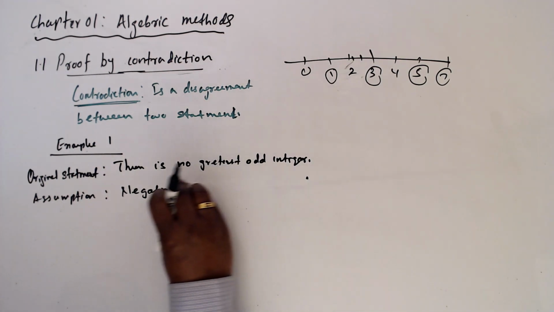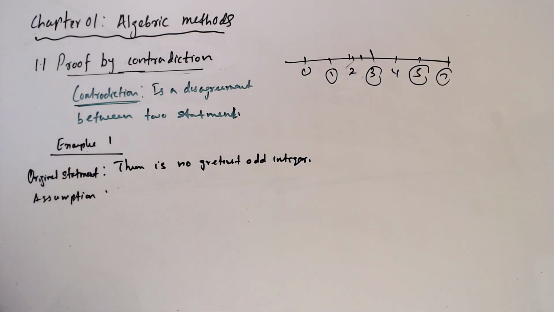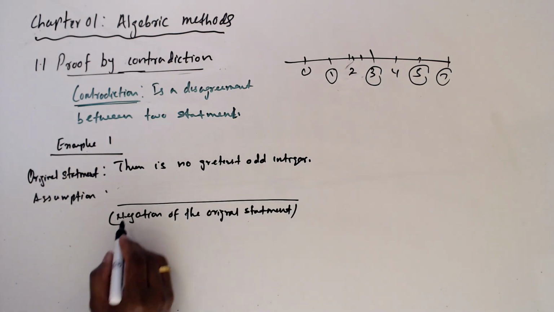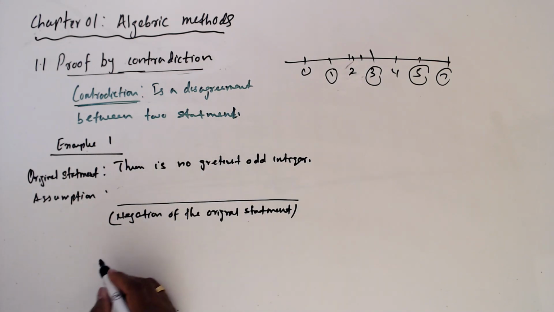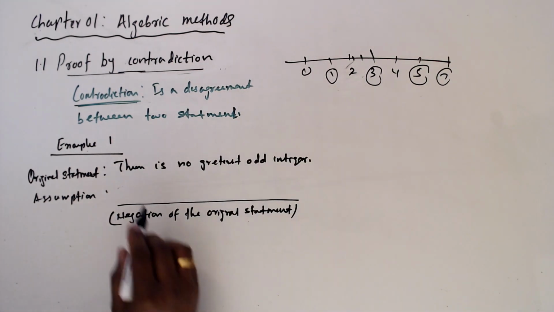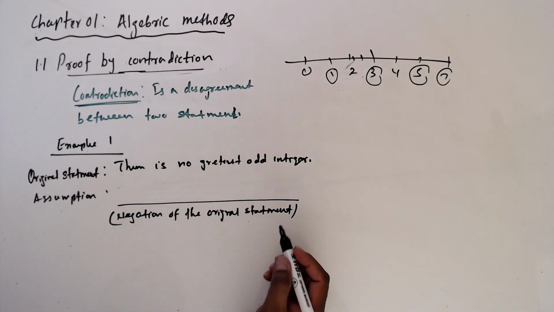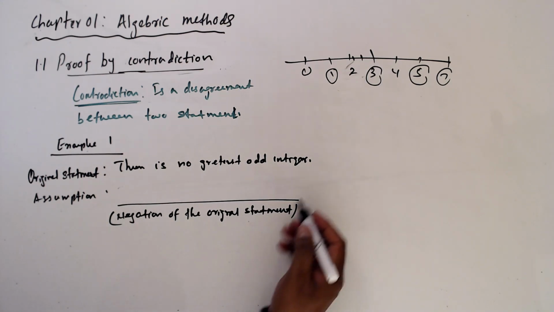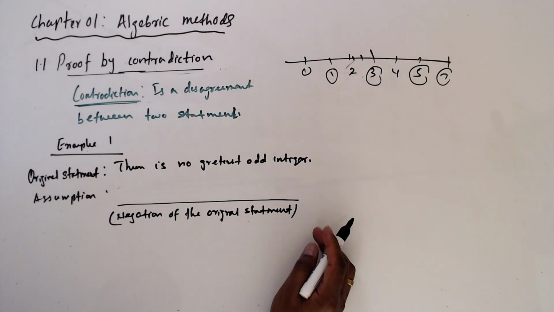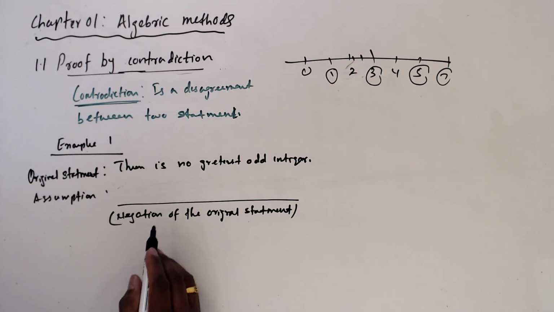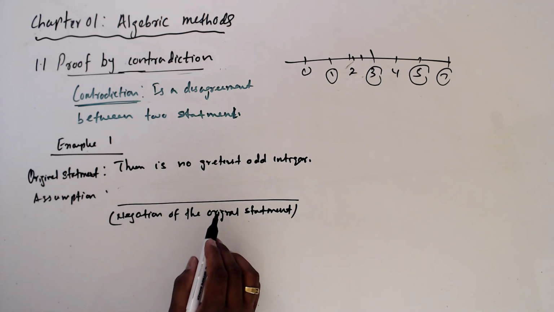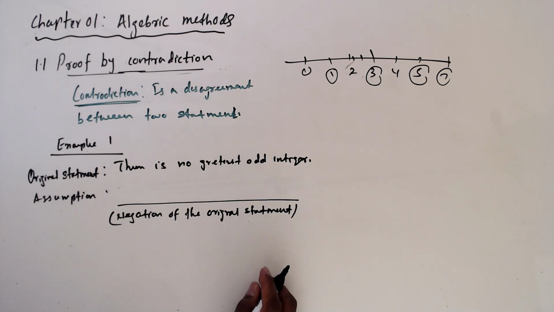The original statement says there is no greatest odd integer, and we know that is true. Then we assume the negation. What is the negation? There is a greatest odd integer.